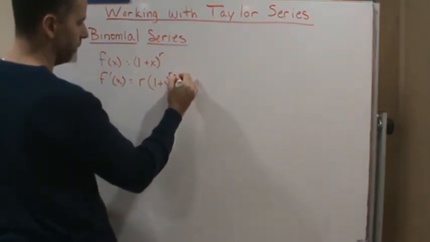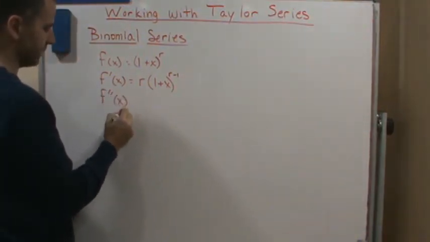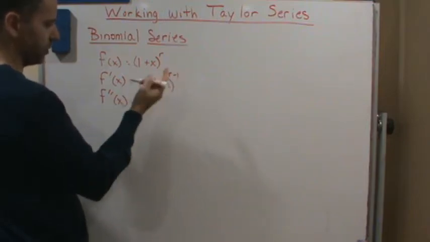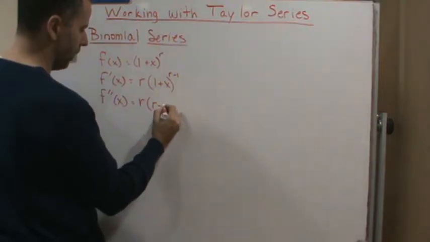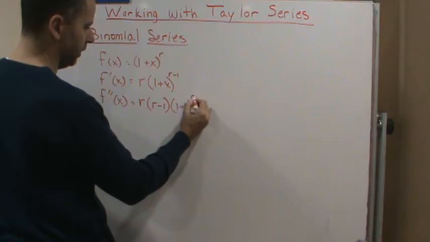For the second derivative, r is just a constant, so it's the chain rule again, and we get r times r minus 1 times 1 plus x to the r minus 2.